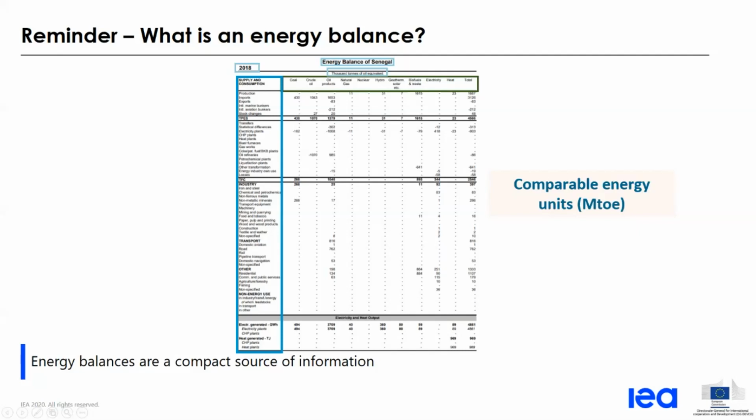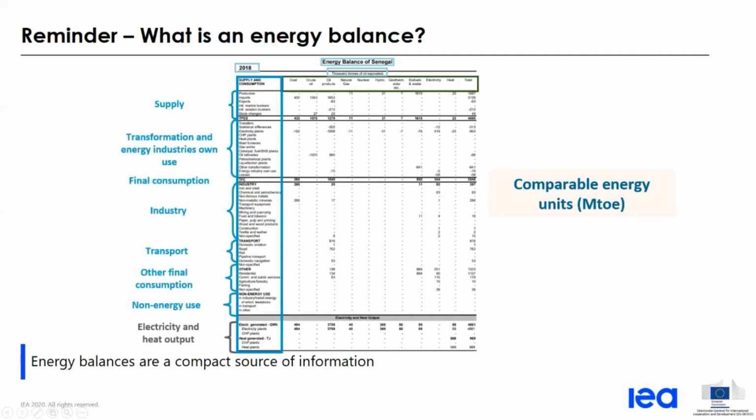You can also add additional information, and this we do at the IEA, providing also the output of electricity by each fuel in, for example, a different unit that is more common to be used in electricity, in gigawatt hours, etc. So these are the flows that I just mentioned.